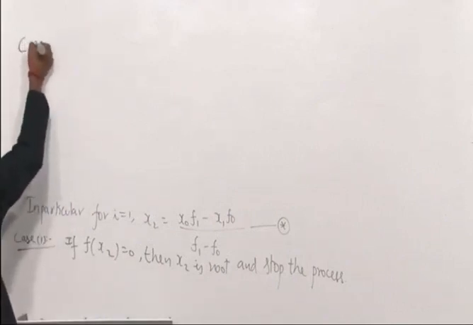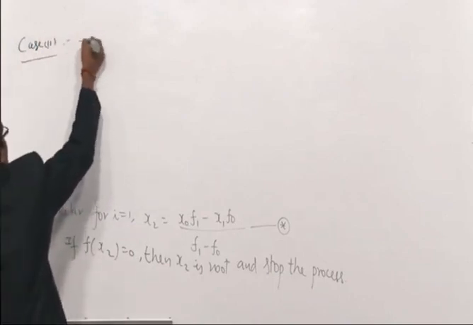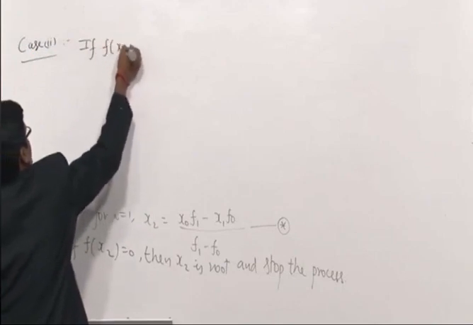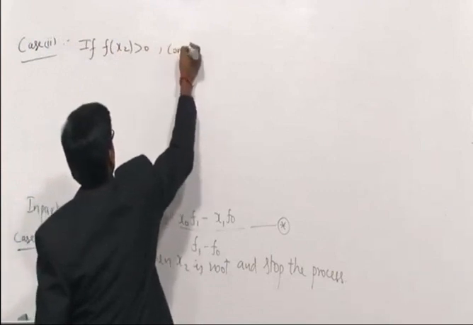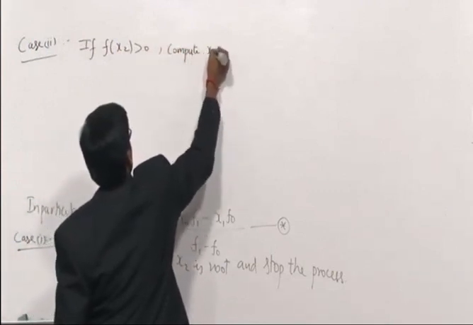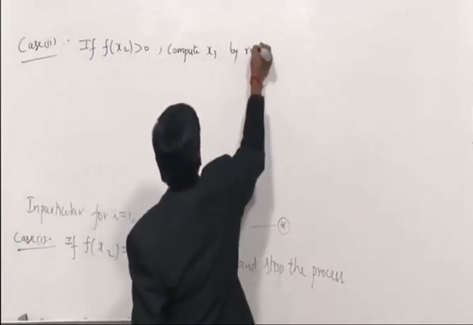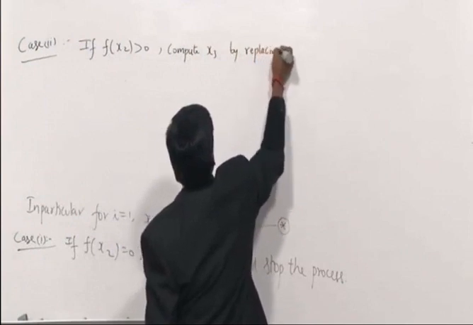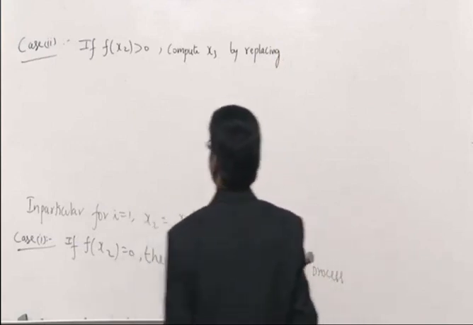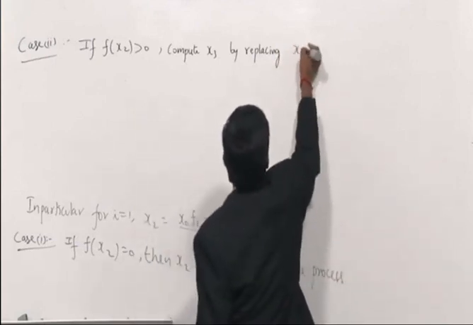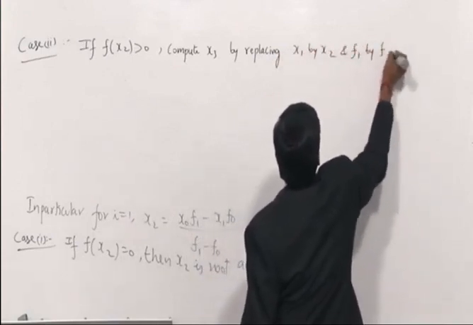Case 2. If f(x2) is greater than 0, compute x3 by replacing x1 by x2 and f1 by f2. What is f2?